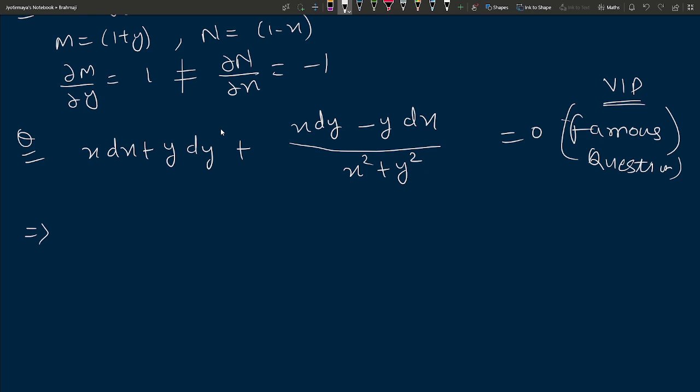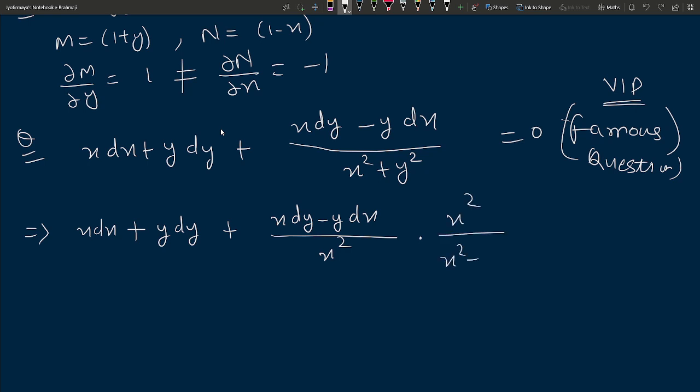x dx plus y dy. I'll write this x dx; no need to do anything with this, because you can integrate x dx as it is. y dy can be integrated as it is, plus x dy minus y dx. What I will do here, for x dy minus y dx, I will divide by x square and then multiply by x square, equals 0.